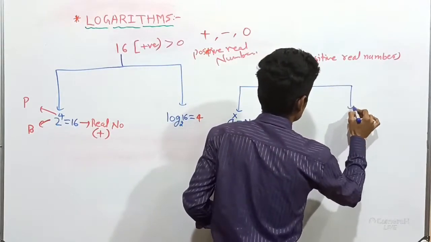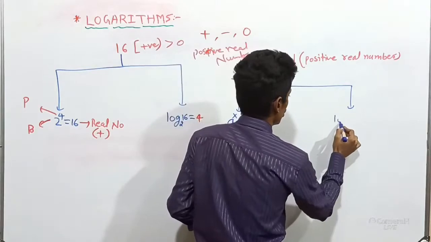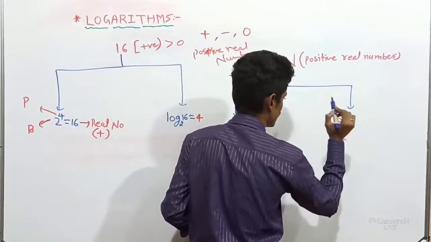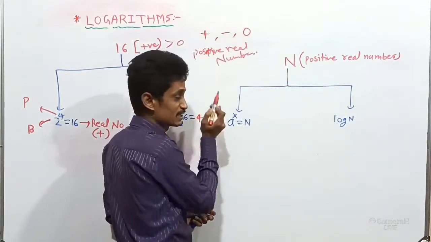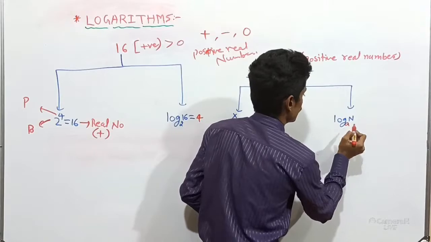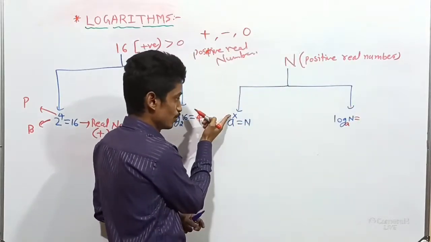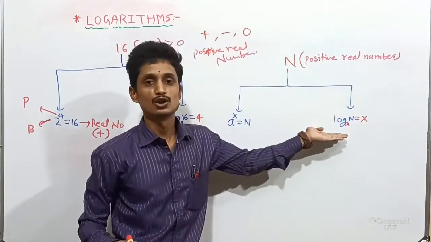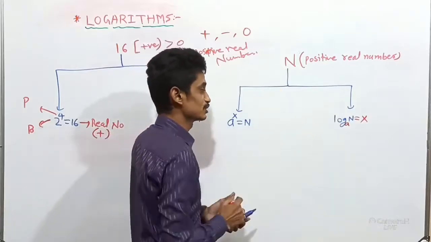And on this side I will give the logarithmic representation, that is log of the given positive real number, that is n, to the base. Already I consider the base as a, I will write here base a, equal to what I will get, what power is there, the power is the answer for this logarithmic representation. Okay, how to read this one?